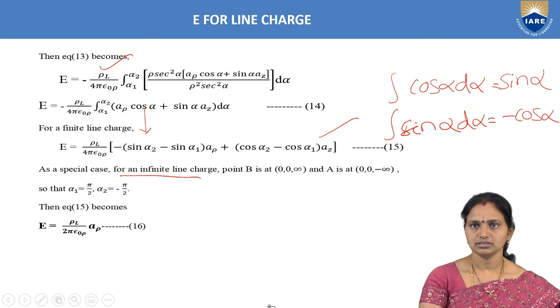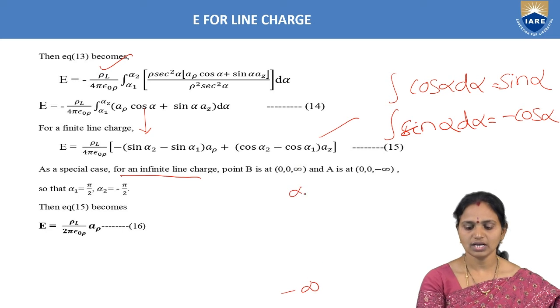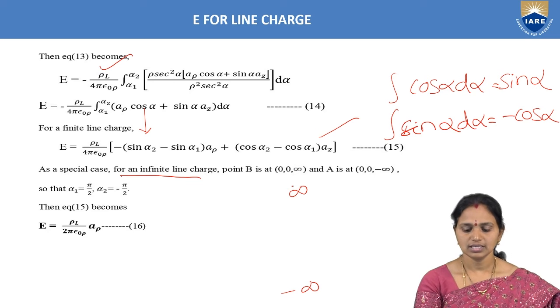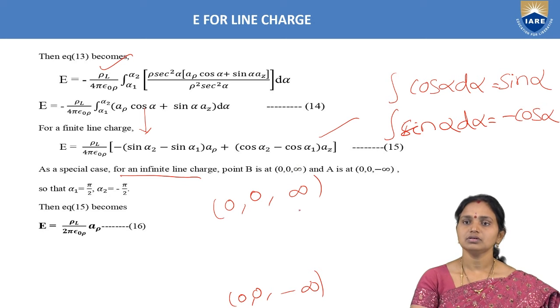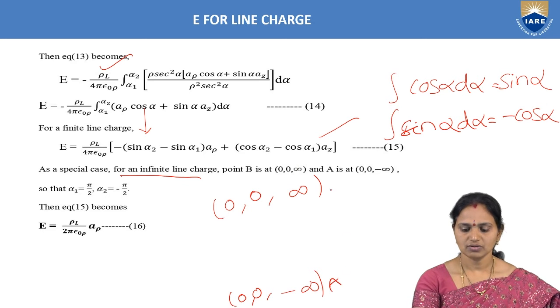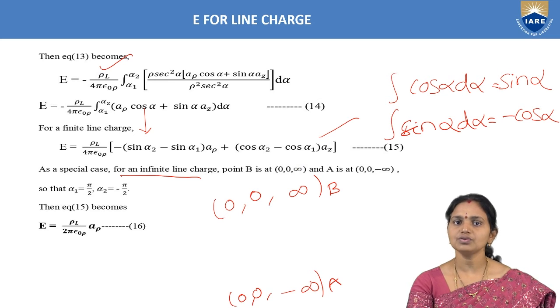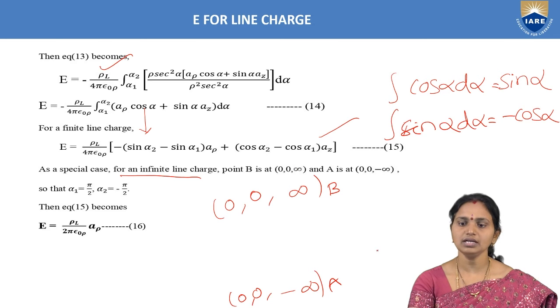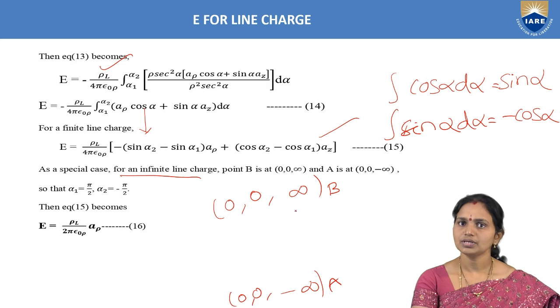The line charge should extend from minus infinite to infinite, and as it is along z-axis, the points corresponding to A and B are 0, 0, minus infinite and 0, 0, plus infinite. If it is the case of infinite line charge, point A has shifted to 0, 0, minus infinite, and point B has shifted to 0, 0, infinite.